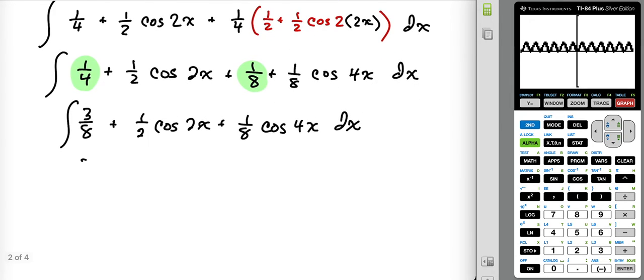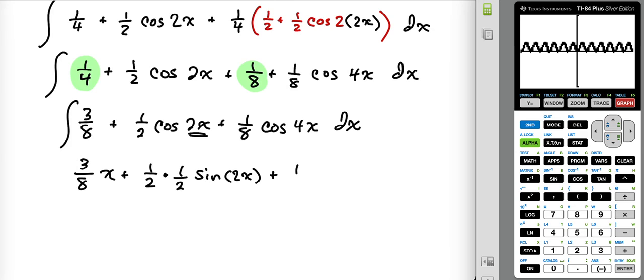Integrate: 3/8 x, plus the 1/2. We're going to divide by the coefficient of x, so times another 1/2, sine of 2x, because the antiderivative of cosine is sine.